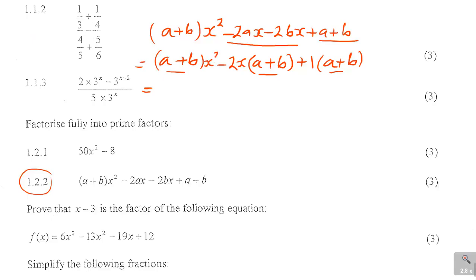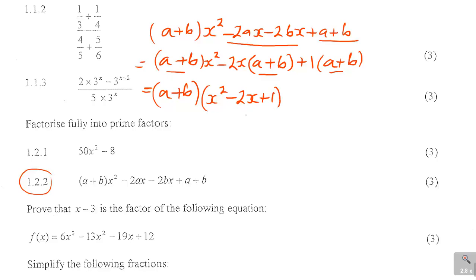So now I factorize the a plus b, so I'll have a plus b outside, then I'll have that remaining, and that remaining. Are you seeing that? So what I will have is x squared, and then it's minus 2x plus 1.